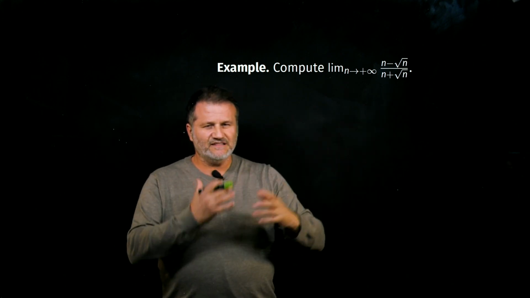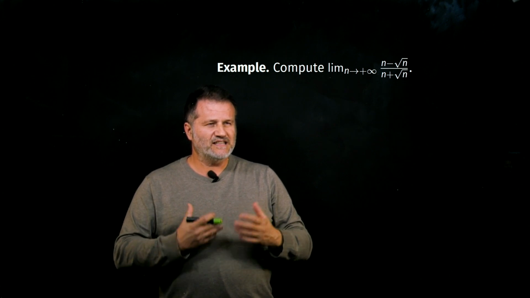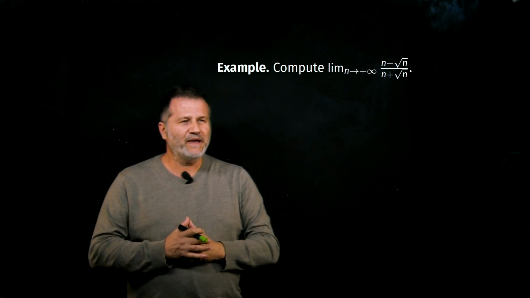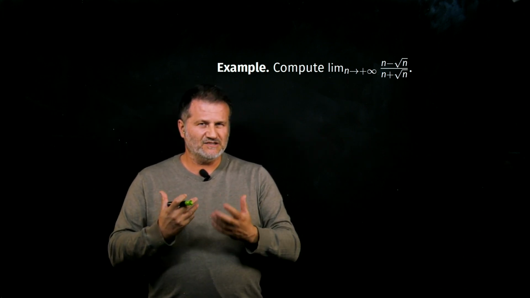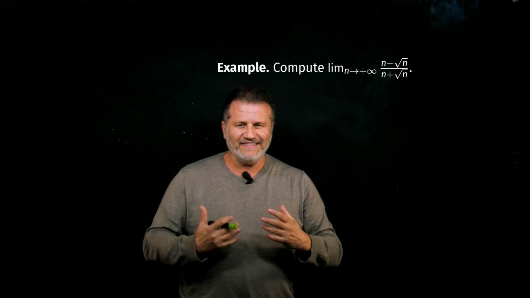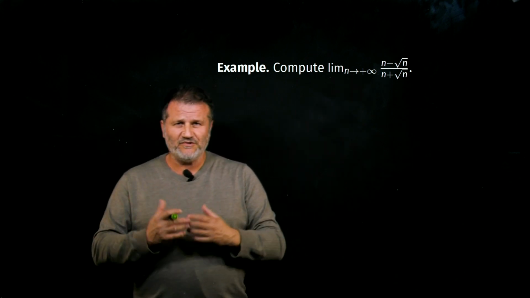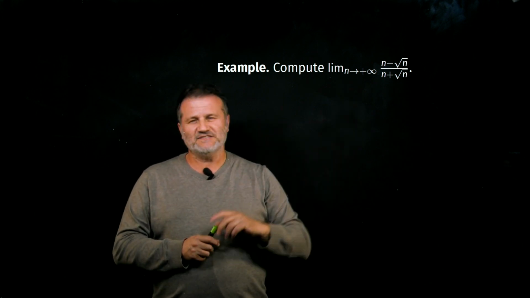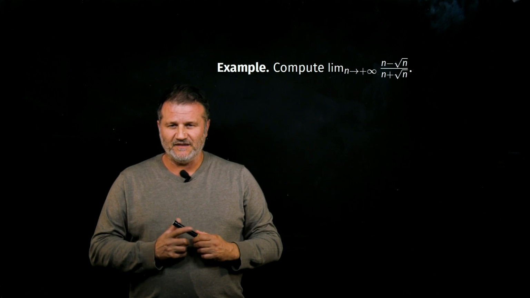If we look at this number for n large, we may see that it is n plus or minus root of n that are compared in the ratio. Now, root of n is much smaller in order than n, so we may think that both numerator and denominator are more or less like n in size. Therefore, we may expect that this fraction be equal to 1 when n goes to infinity.